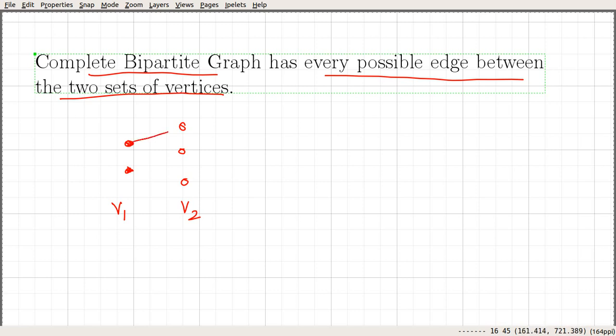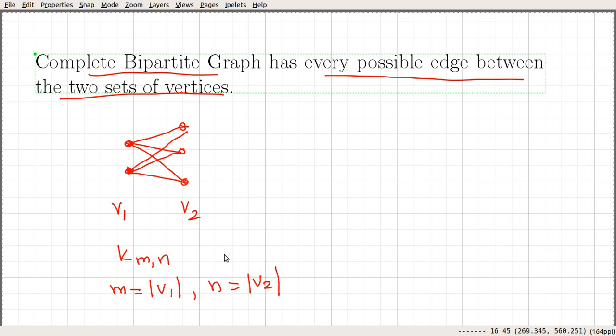From this vertex, there will be an edge to each and every vertex in V2, and from this vertex, we should have an edge to each and every possible vertex. So this is how a complete bipartite graph looks, and usually this is denoted by K_{m,n}, where m is the cardinality of V1 and n is the cardinality of V2.